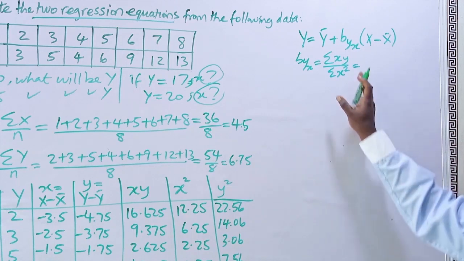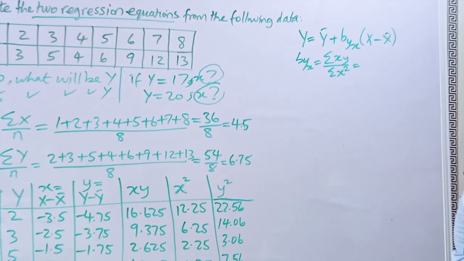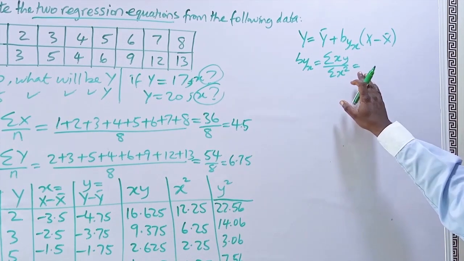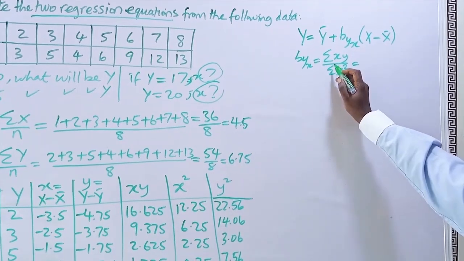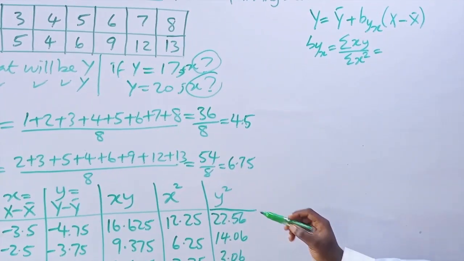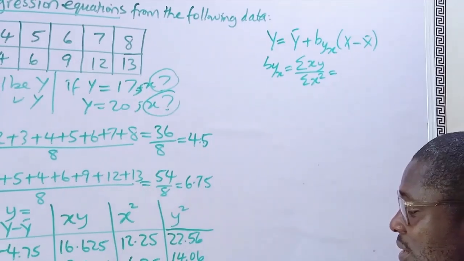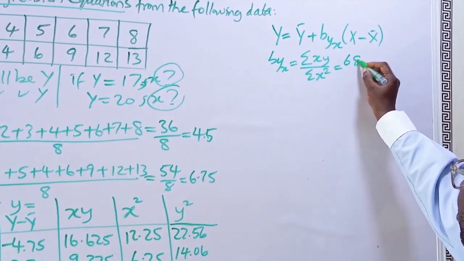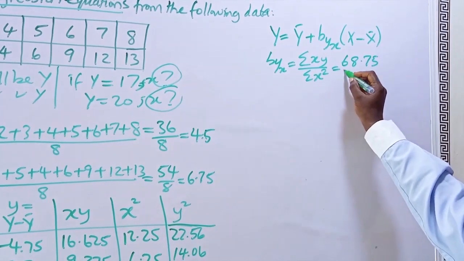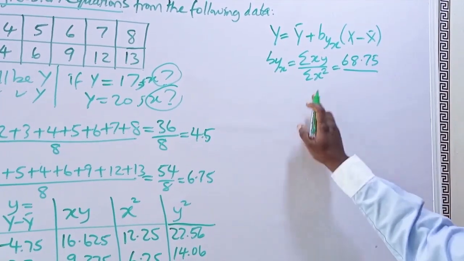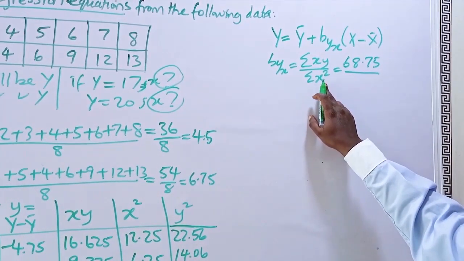Summation, please zoom this closer so that our viewers can see. So we have this. Now, what is summation xy? Here was xy from our table, it gives us 68.75 divided by summation of x squared.